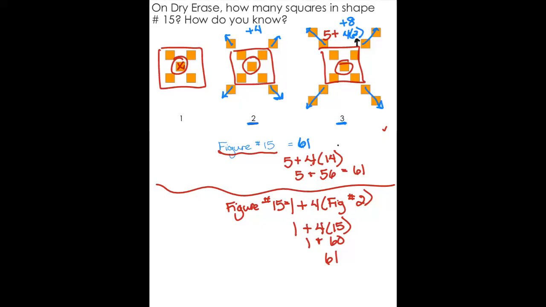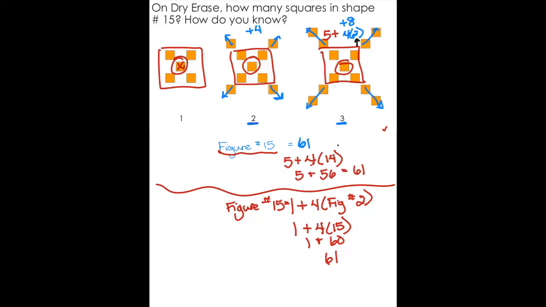So everybody see that? Yeah, so again, there's multiple ways to do it. Che, did you have a different way, or how did you come up with 61? Well, it's kind of the same way as Cameron's. Okay. And Nehemiah, did you have 61? Yeah. What was your method?